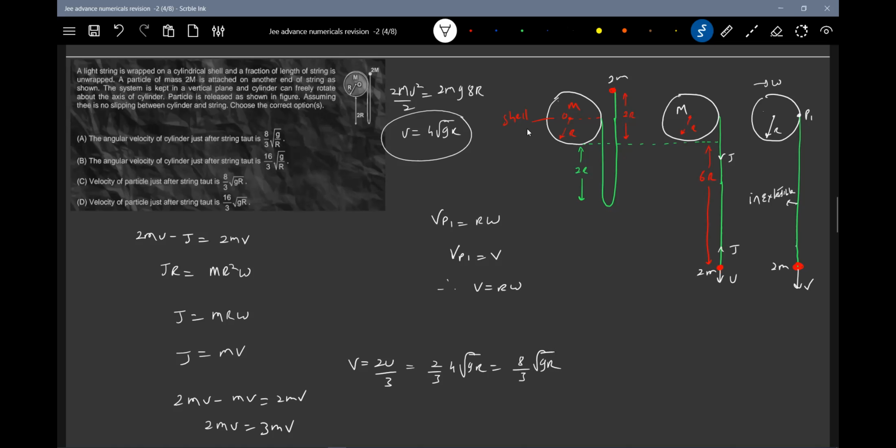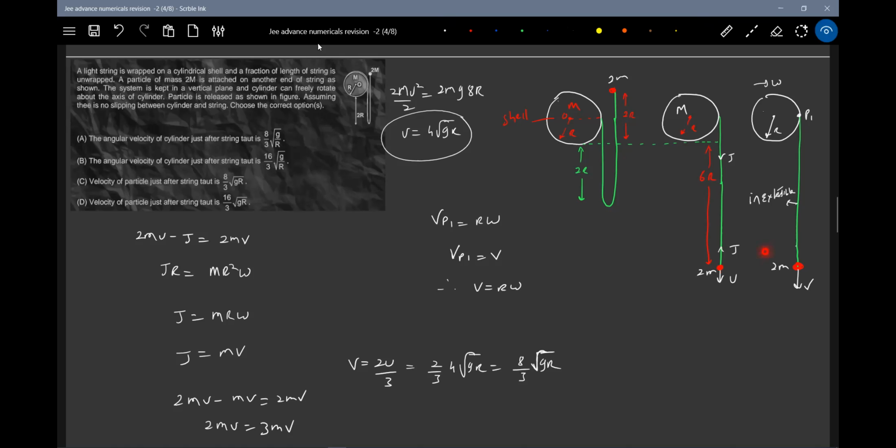A few questions I'll ask you here. Why can't we directly write energy conservation? You calculate the energy in the system before and the energy in the system after. Will it be the same or will it decrease?